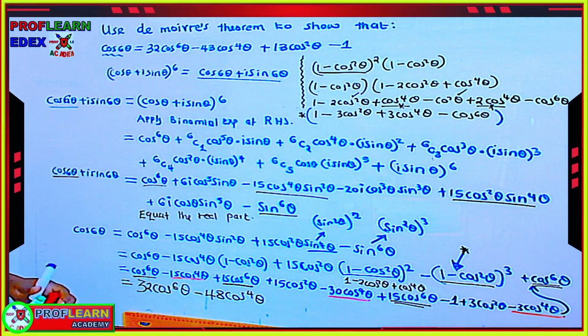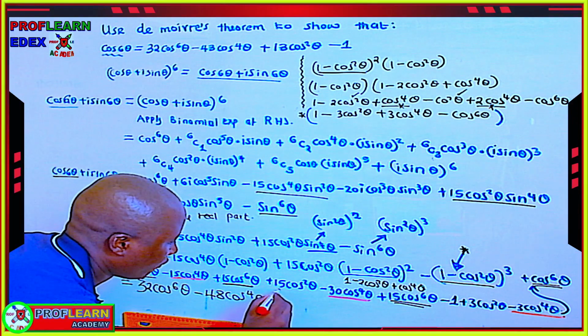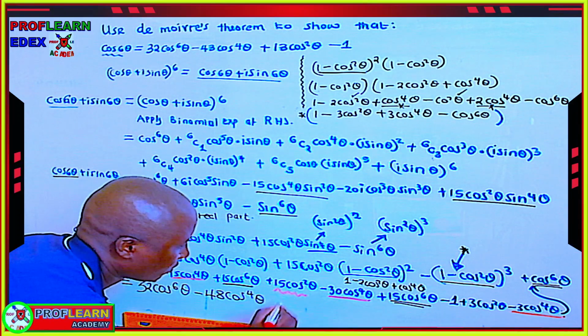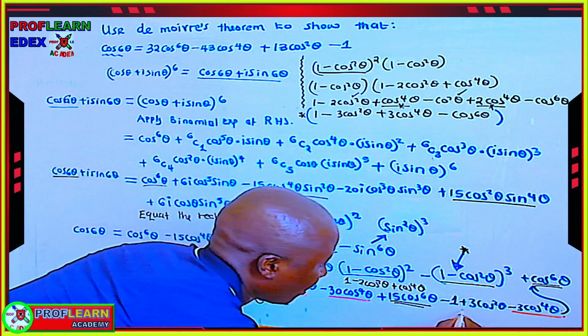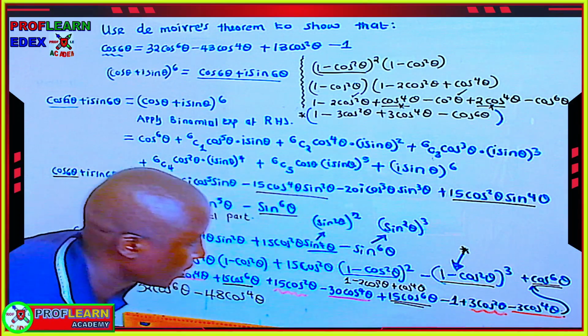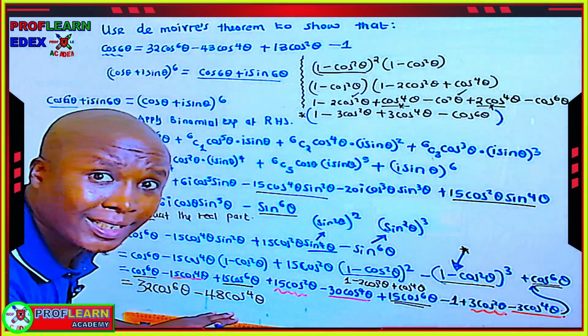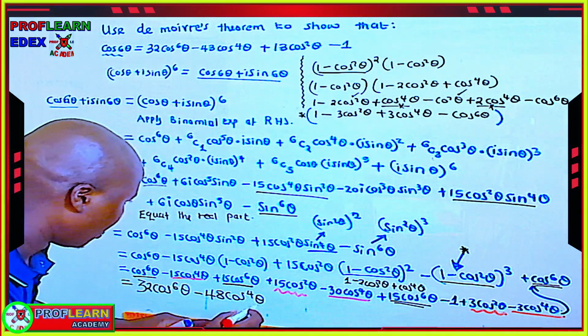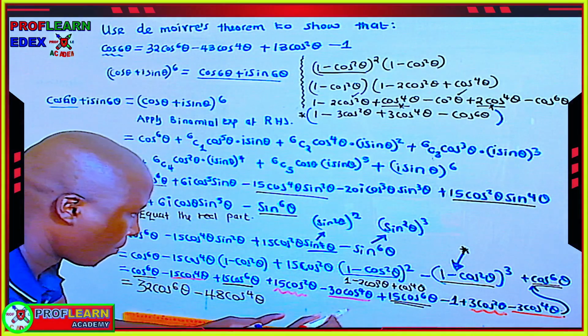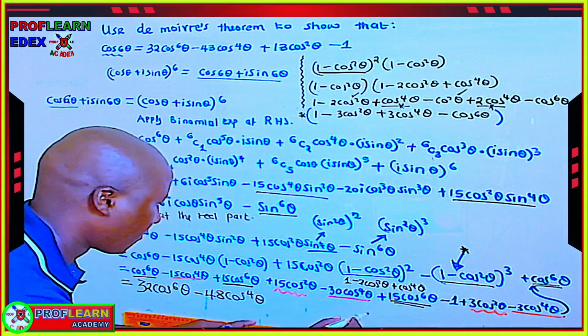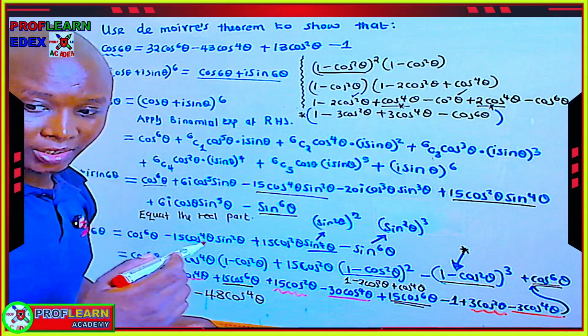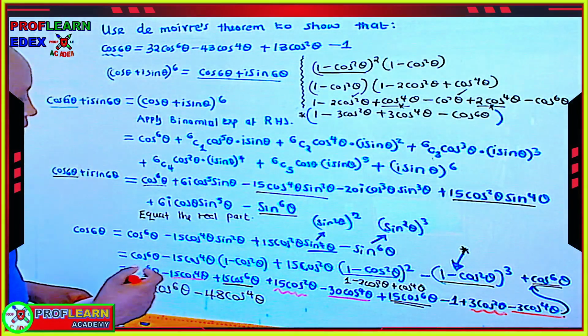Then we need the one that is having power 2. We have power 2 here. Any term with power 2, let's look for it. 15 plus 3 will give us 18.